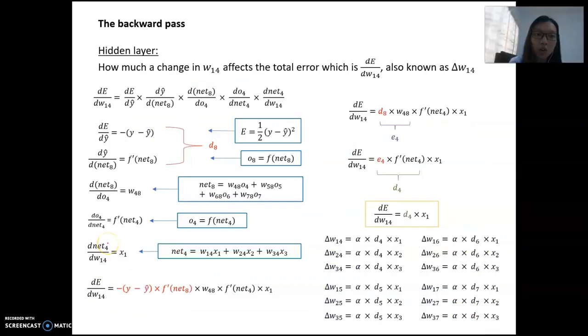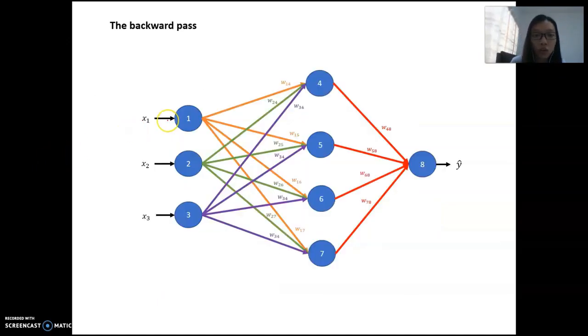So I would like to bring you guys to the backward pass of the hidden layer. We want to know how much a change in W14 affects the total error, which is dE over dW14, also known as delta W14. So W14 belongs to here.